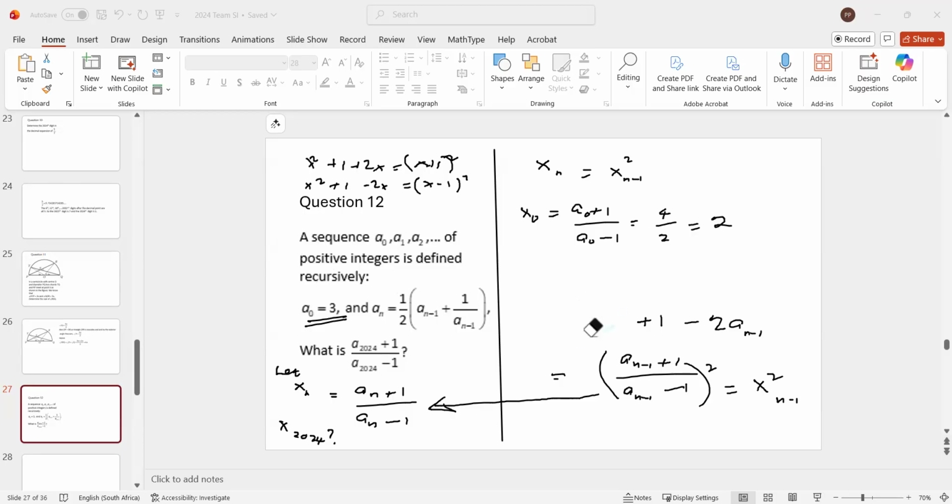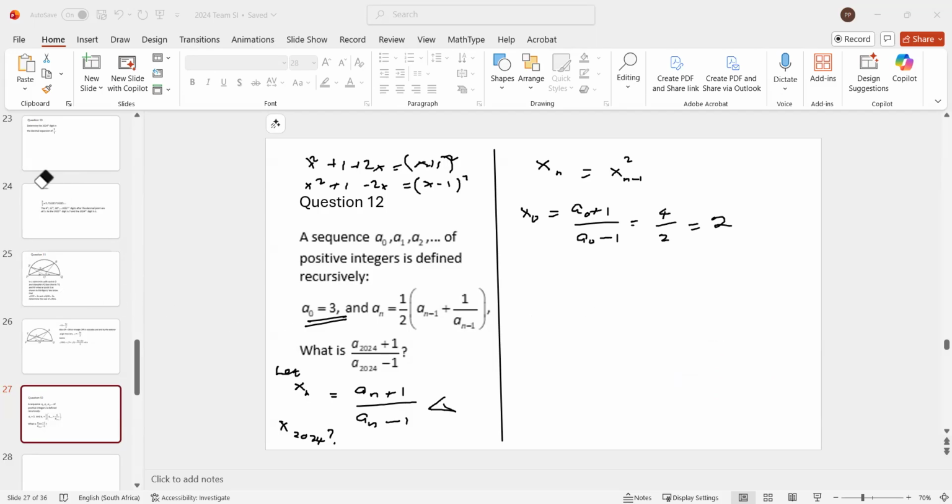So what is the sequence? We know that each term in the sequence is the square of the previous term. You should be able to read these equations in words and understand it in your head. So it starts from 2, then the next one is the square of this, 2 squared. When you take the square of this, you get 2 to the power of 4, 2 times 2.